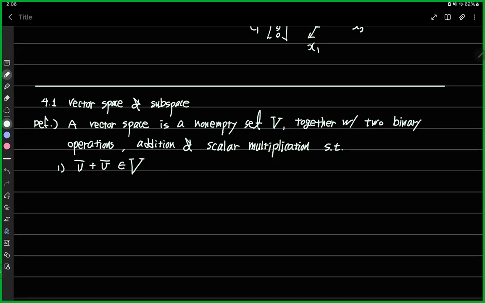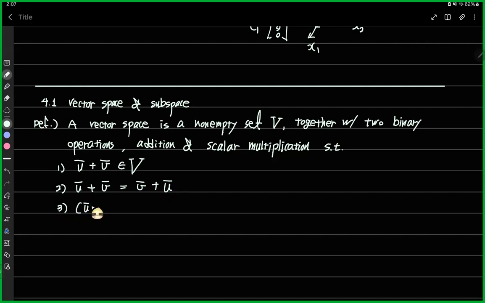That's the meaning of that. The second one: u plus v is equal to v plus vector u. And this means that the vector space satisfies the commutative property.